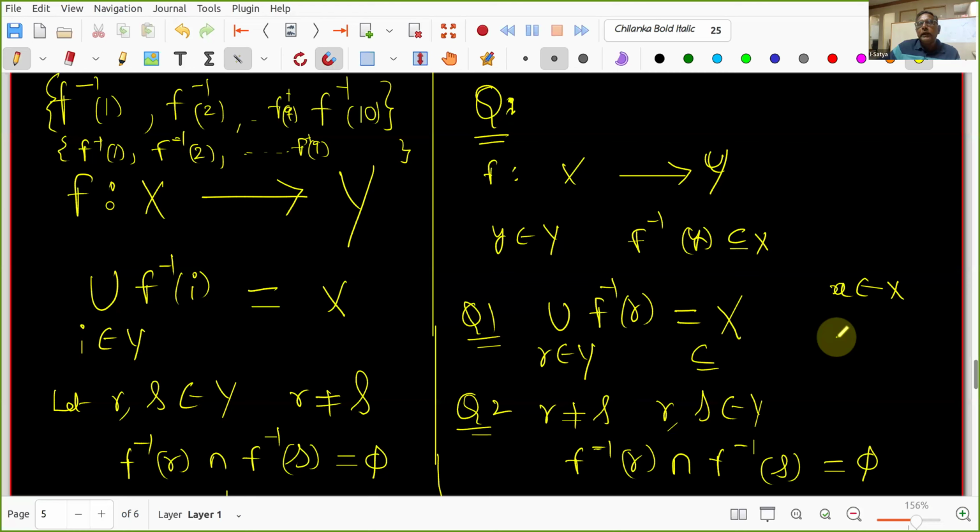What is the meaning of that? Please write it down. What is the meaning of some r in Y such that a belongs to F inverse of r? You remember this definition one of you told. What do you mean by a belongs to F inverse of r? We defined F inverse of y as all those x such that F of x equals y. Now if I take small a belonging to capital X, where X is the domain, we are saying there is an r such that a belongs to F inverse of r.